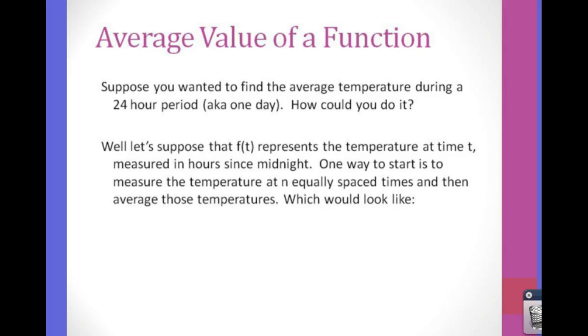So we take f of t at time 1, f of t at time 2, f of t at time 3, and we keep adding all of these f of t's together until we get to whatever t sub n we looked at.